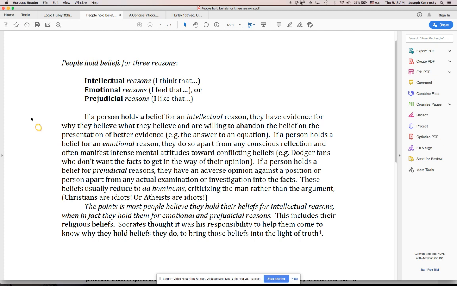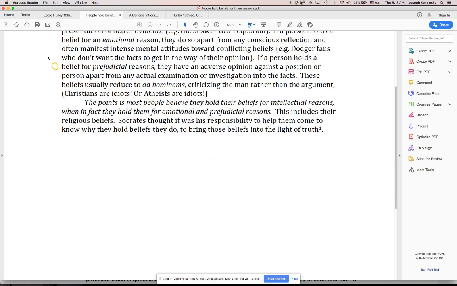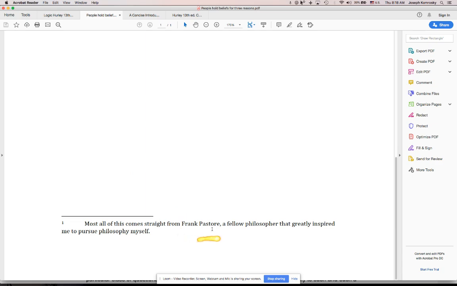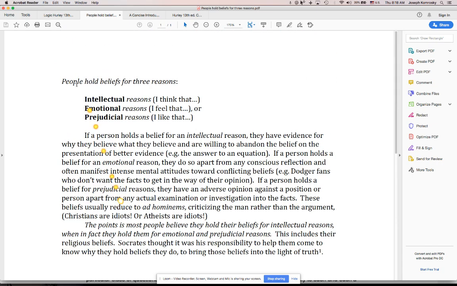It's going to help us steer through reality, and then we get to critical thinking and logic, right? Well, now I want to specifically get to the beliefs you hold. This was inspired by a guy named Frank Pistori, fellow philosopher. Really smart guy, and I love how he breaks this down. This is going to have serious practical application for your everyday life.